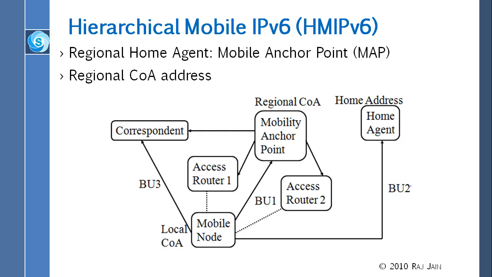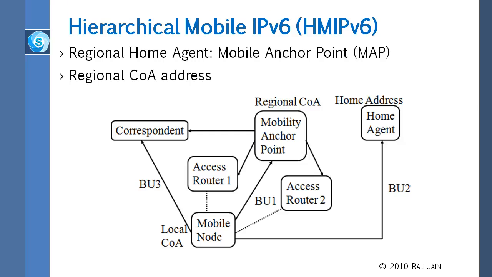If it sends to the correspondent, then if you want to perform any kind of return routability procedure, you don't have to go to the home agent, you can do it right here. Or if you want to do CGA, obviously you don't need to do even that. So basically, you inform three people. You inform your home agent, you inform your local anchor point, a regional anchor point, and then you can also inform your correspondent.